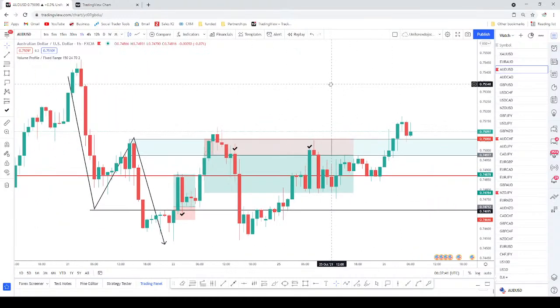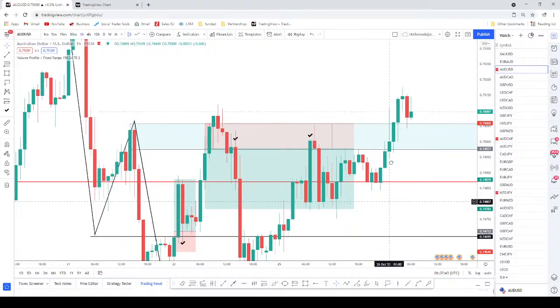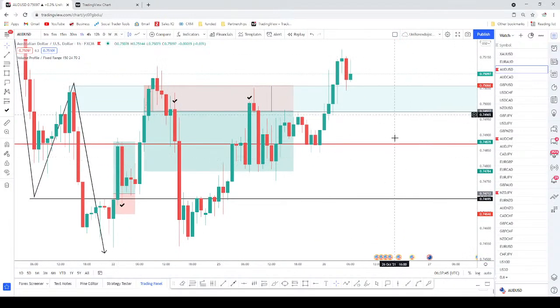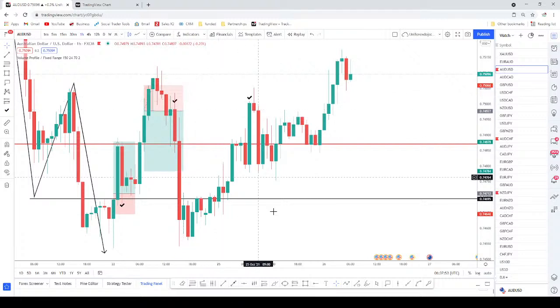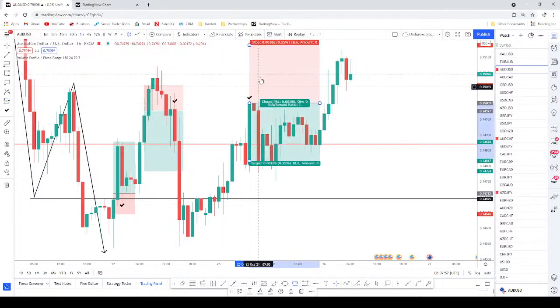Okay, so looking at this pair from today, we can see a bit of bullish momentum. I think I need to separate these because now it looks like it's one trade and it's actually not one trade.